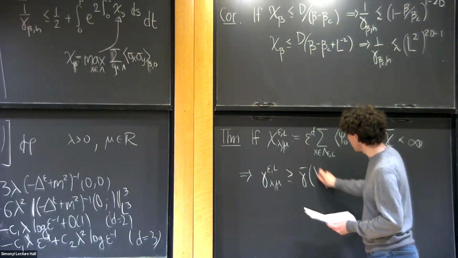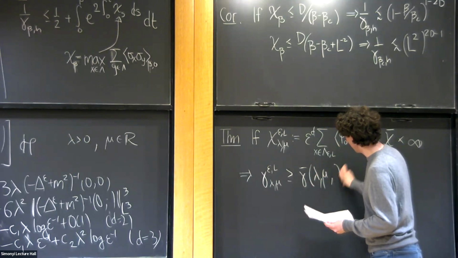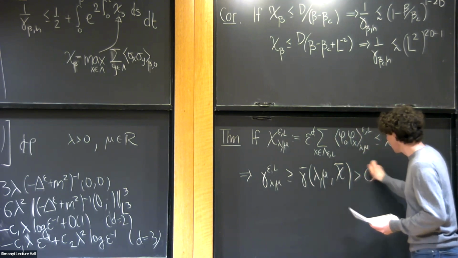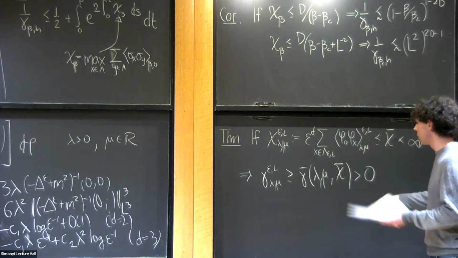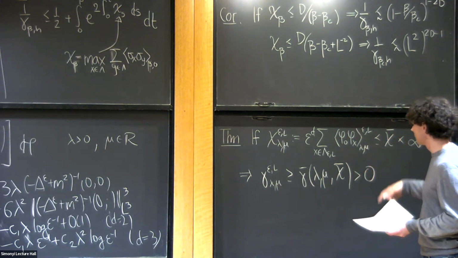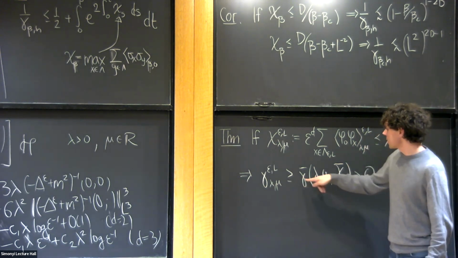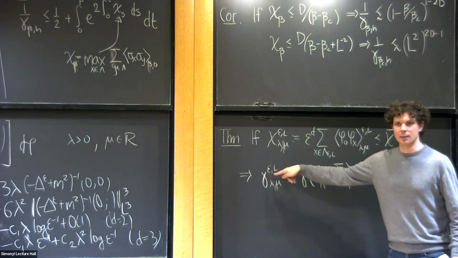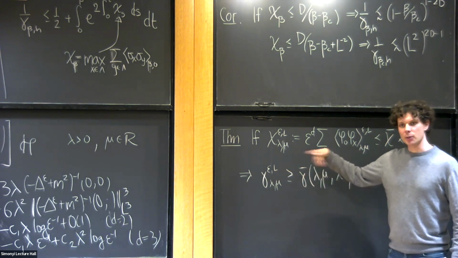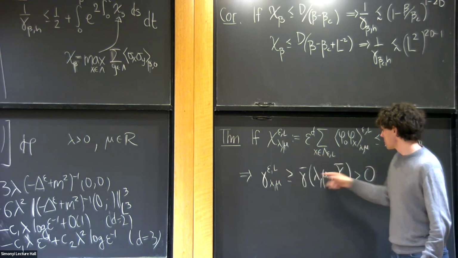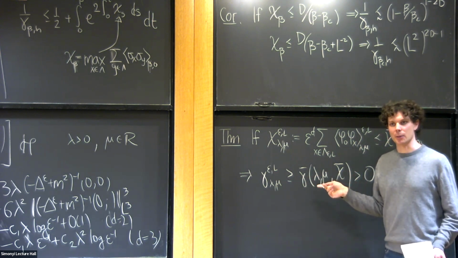But gamma bar depends on lambda, mu, and chi bar, and it's strictly positive. In fact, there's a formula for it, with an exponential in it, etc. But the point is, this doesn't depend on epsilon or L. So if you have a uniform bound on the susceptibility, the Log-Sobolev constant is bounded below.